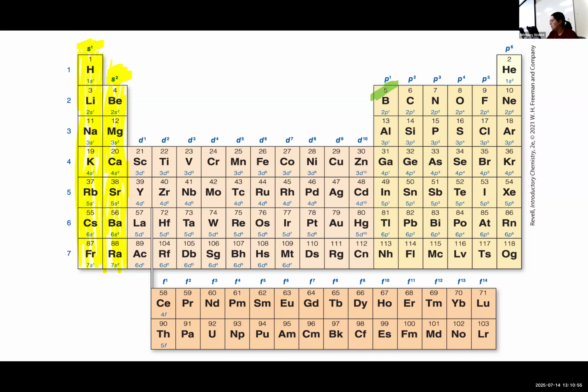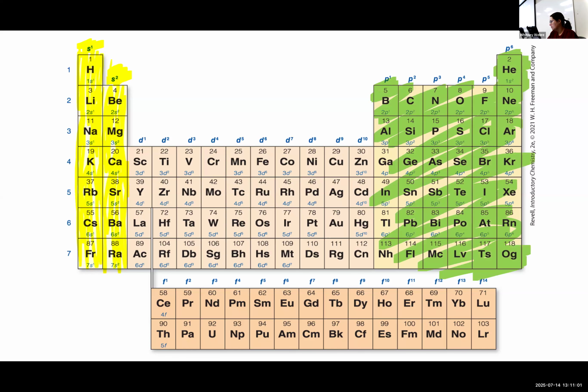Your P block is the last block. It does combine some metalloids, non-metals, and metals, but it's the entire block.